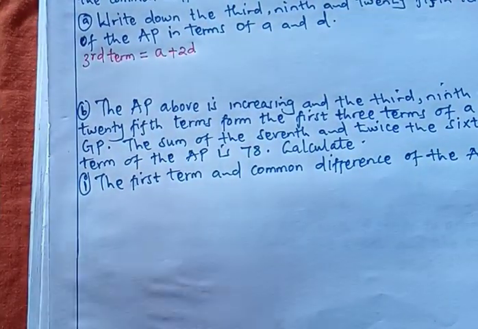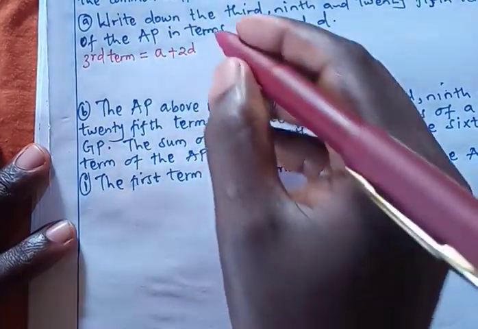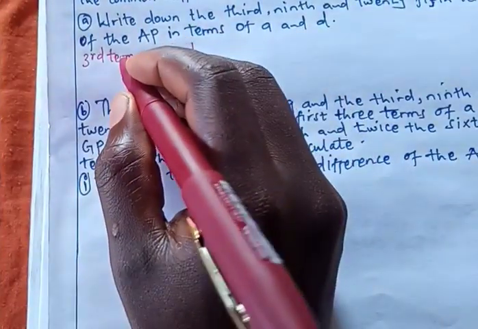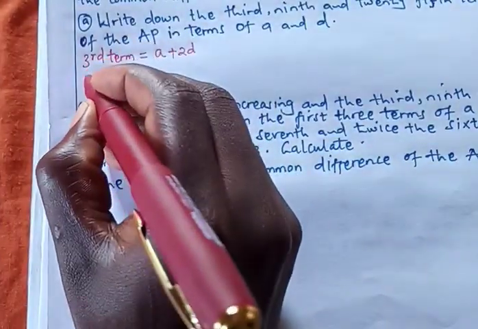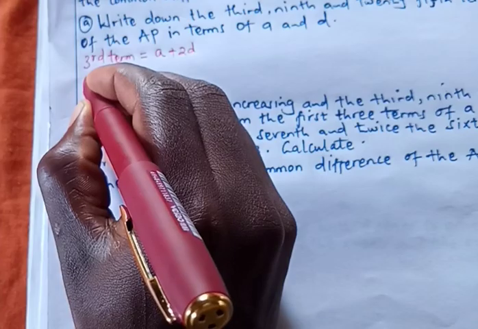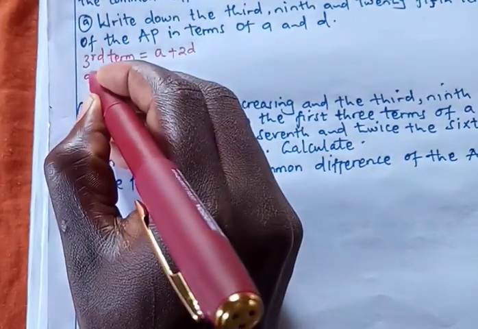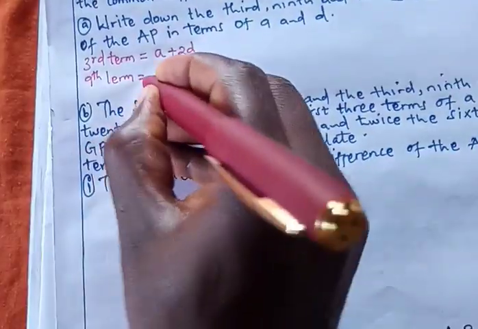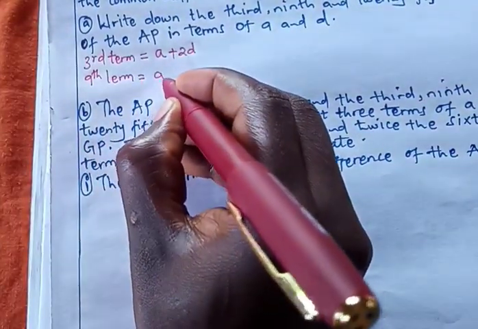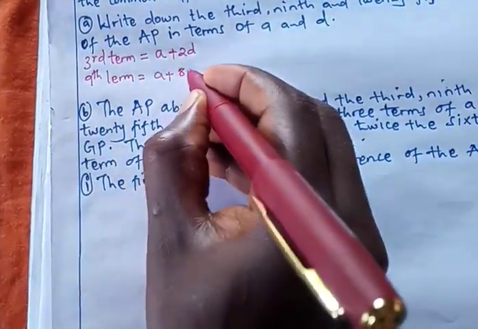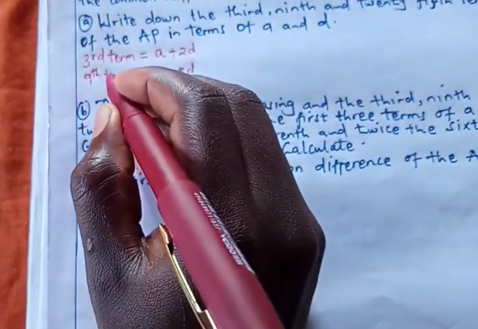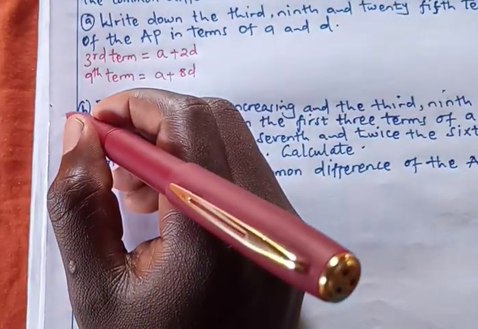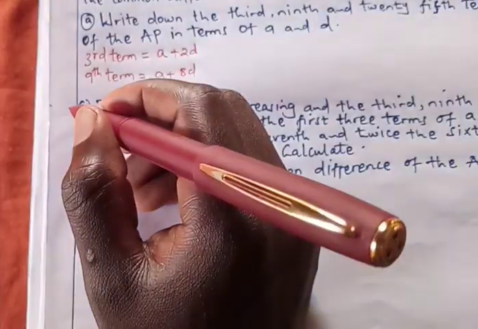We proceed. What about the ninth term? The ninth term is A plus 8D. That is A plus 8D as our ninth term.